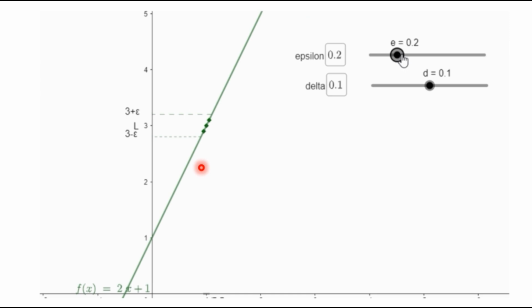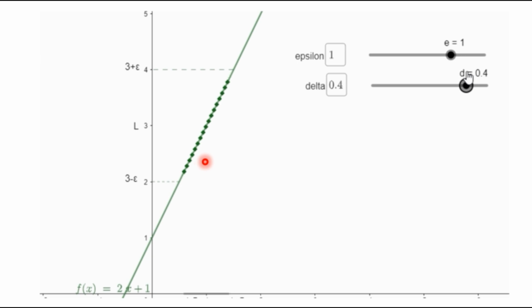But if at least one epsilon is found so that the convincer has no delta response, then that's the time that we say that L is not the limit of the function. The purported limit number L is not the limit of that function as x approaches c.